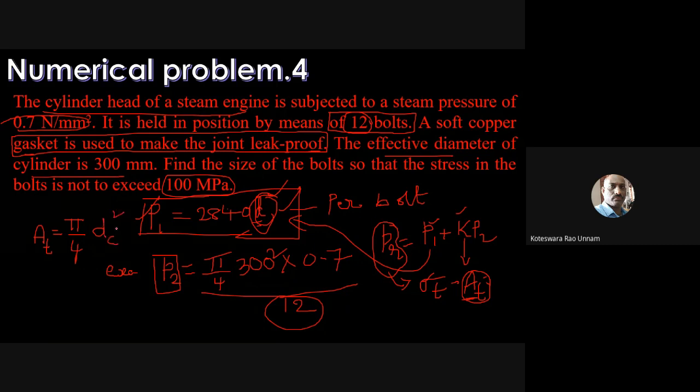So again, we are taking a relation between this DC and D. What is the relation? Our DC is nothing but 0.8 times D. So now in this equation, you have only one unknown, because we are able to convert this AT also in terms of this D. So one unknown is there in this equation, I can solve for the D value.